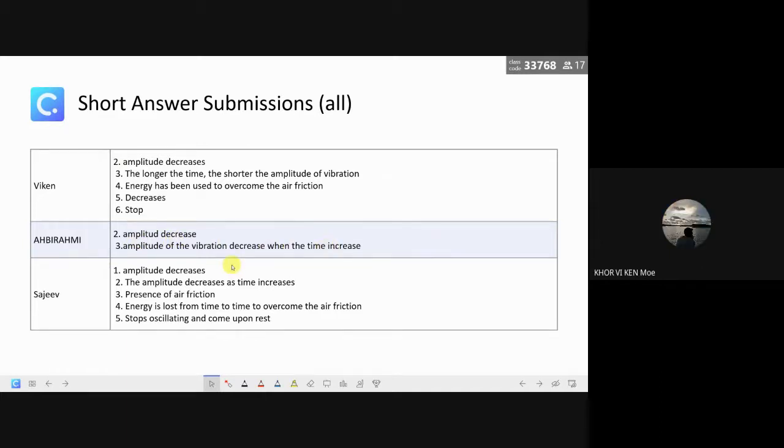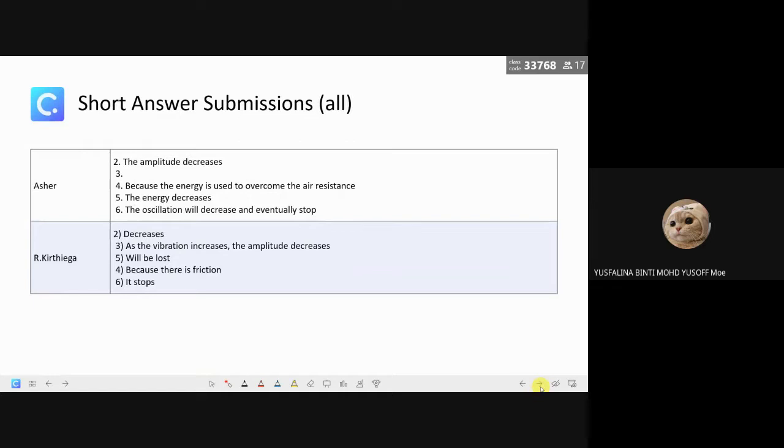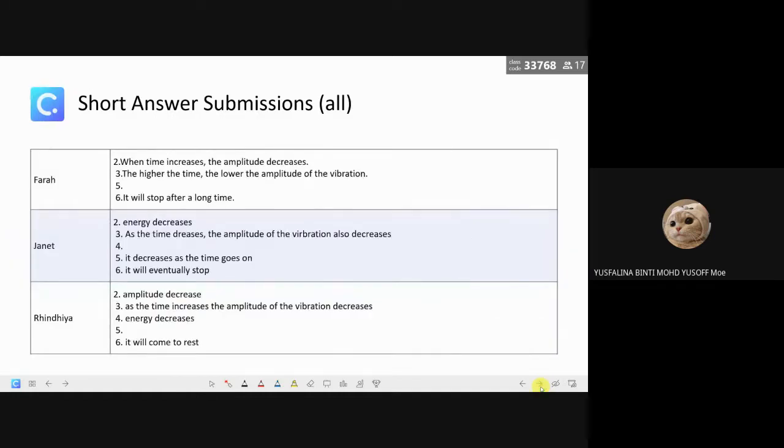Yes, correct. Presence of air friction. The energy is lost from time to time to overcome the air friction. It stops oscillating and comes to rest. The amplitude decreases because the energy is lost. It stopped. It will come to rest. It will eventually stop.